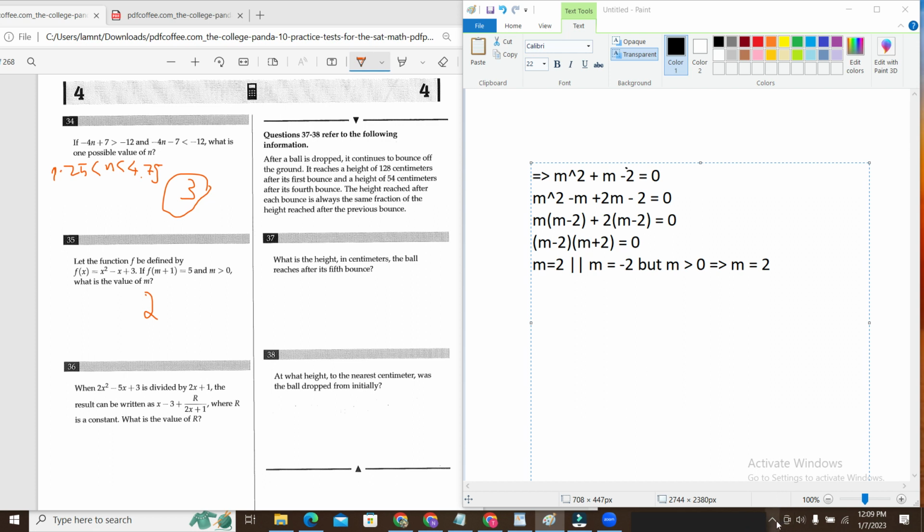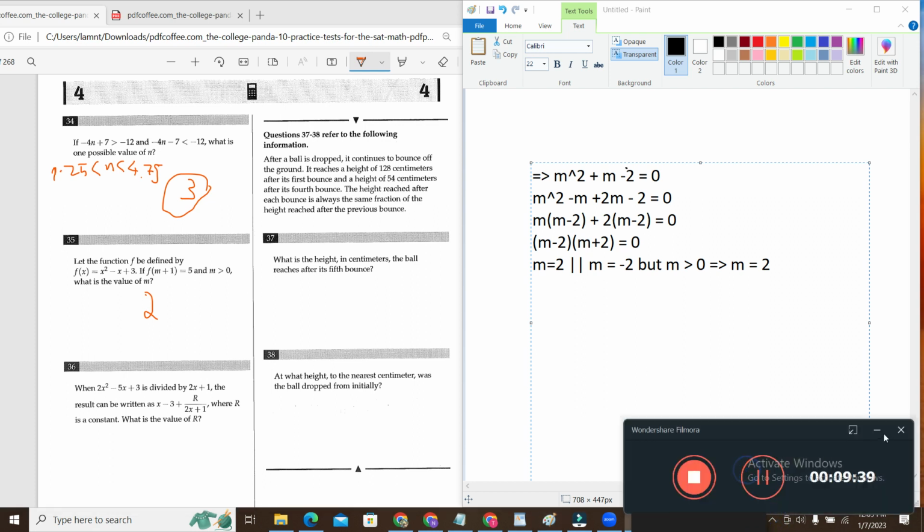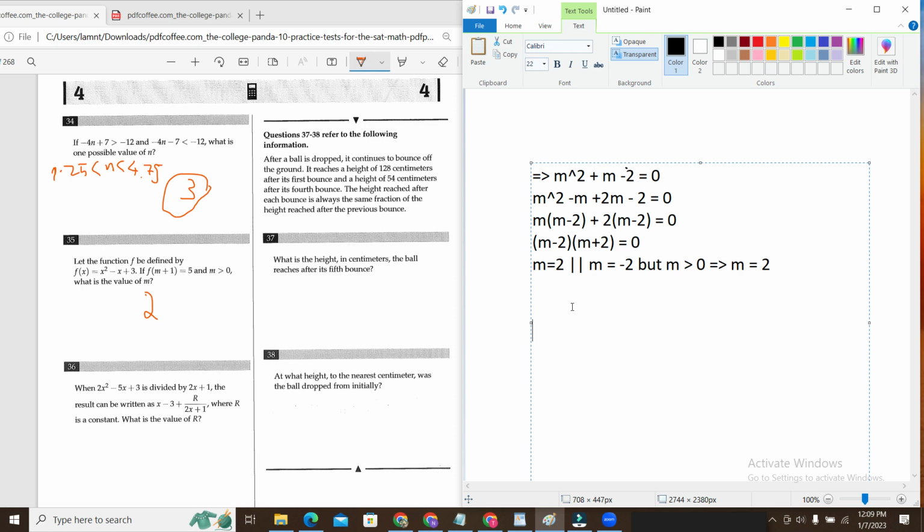To do this exercise number 36, first of all we just have to do the division. 2x squared minus 5x plus 3. So we have to expand this polynomial in terms of 2x plus 1.